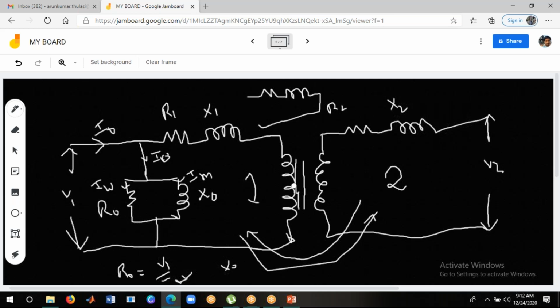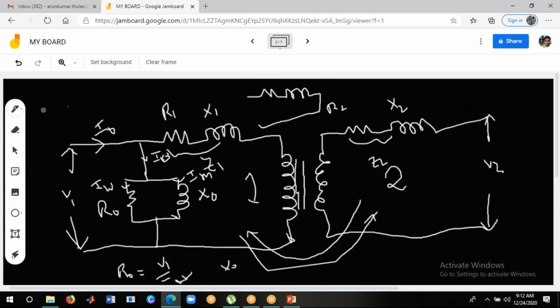The reduction takes place by shifting all the secondary parameters to the primary, or else shifting the primary parameters to the secondary. Finally you will get one single resistance and one single reactance. The combination we can call Z1 and here Z2. These are the parameters we are going to solve in this class.